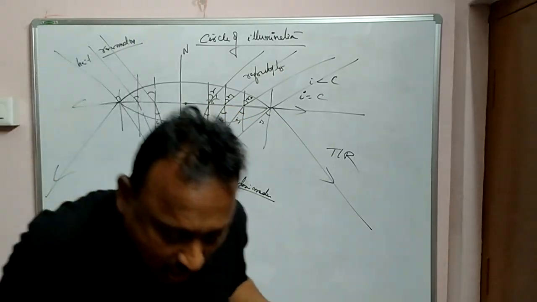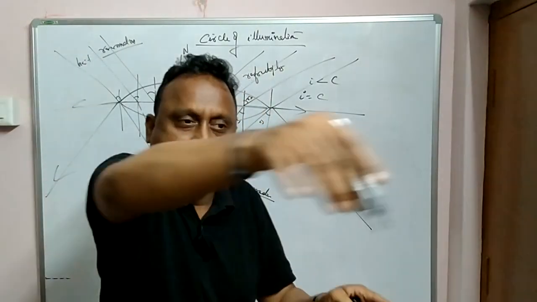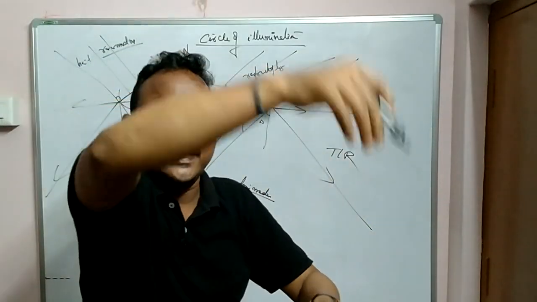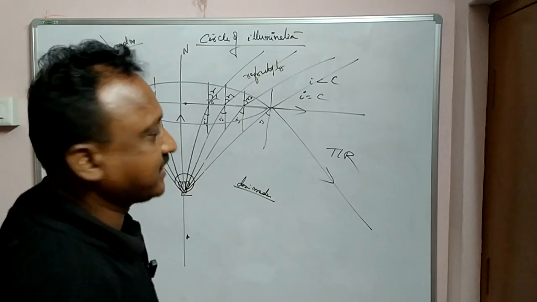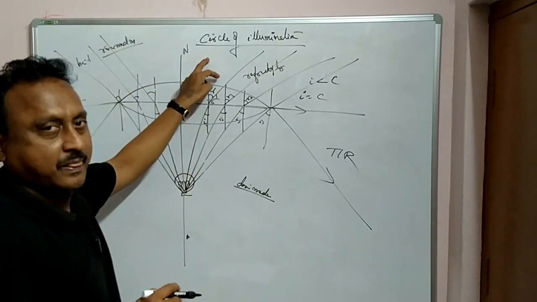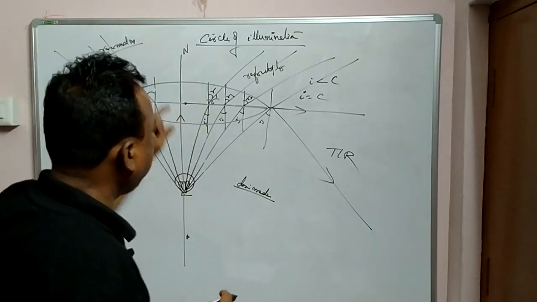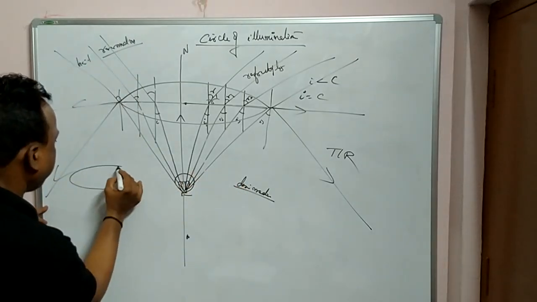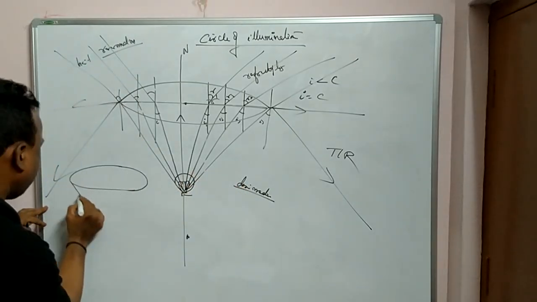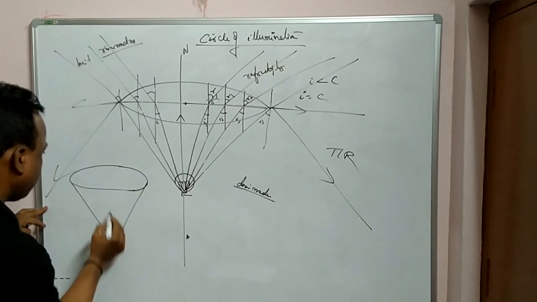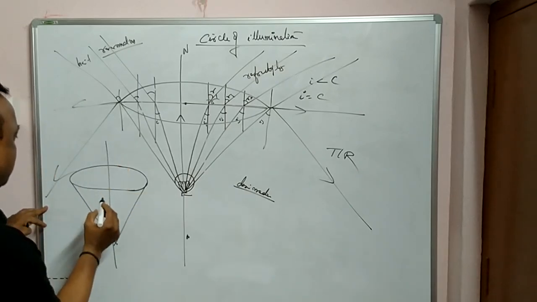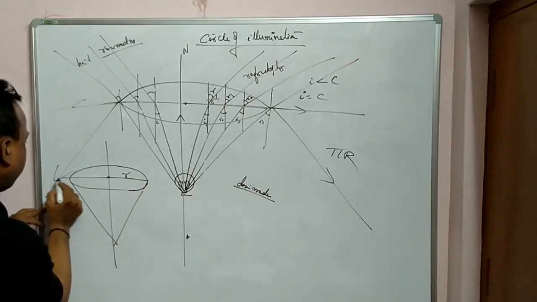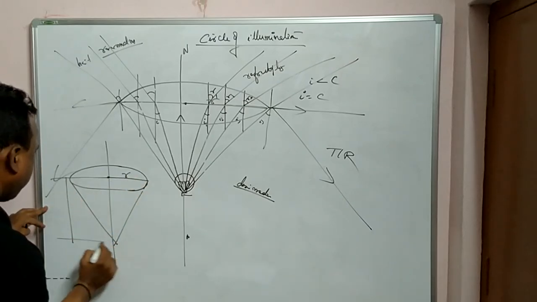When you see from the top, this is the circle. When the light is illuminated in this fashion, the top portion is called the circle of illumination, from denser to rarer. In this figure, this is the circle of illumination, this is your radius, and let this one be height.